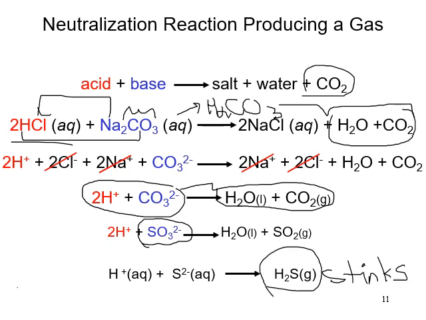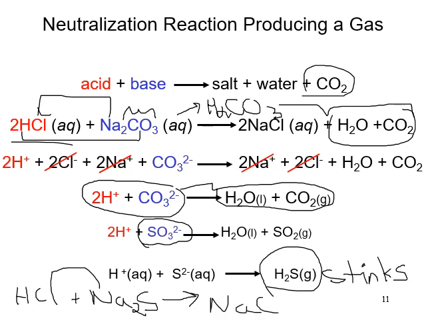So we can create this, for example, by mixing hydrochloric acid plus sodium sulfide, and I think this is one of the ones that you do in your lab. The sodium goes with the chlorine, and you end up with sodium chloride, and then the hydrogen goes with the sulfur to make that hydrogen sulfide gas. That stinks. It's still an acid-base reaction, but it doesn't make salt and water. It makes salt and hydrogen sulfide.